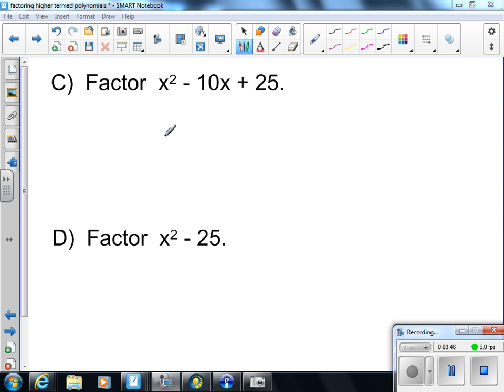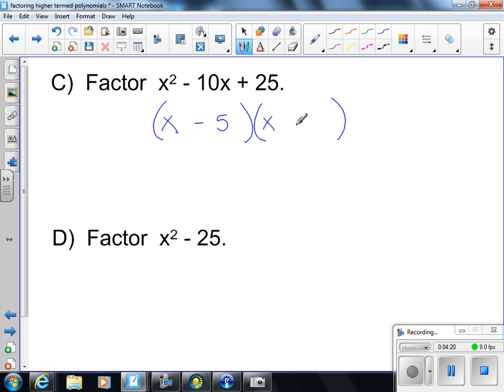Okay, let's try one now with three terms. We're going to factor x squared minus 10x plus 25. And here's where our game the other day helped us out a little bit. Because our x squared term is first, we know that the first term in each factor is going to be an x term. But now I must look for two numbers that multiply together to get 25, that add together to get a negative 10.